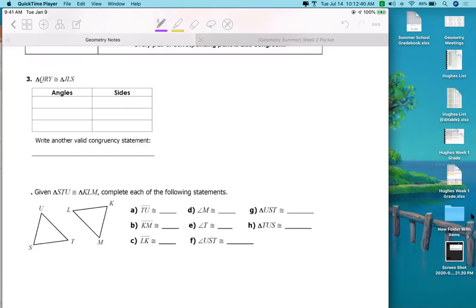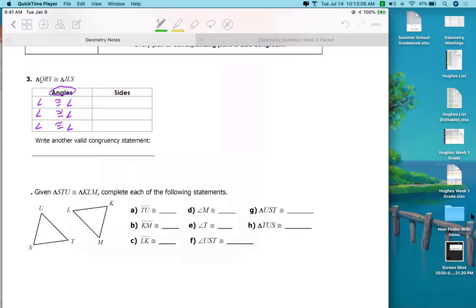This one is really similar to your number 1 and 2 on page 2. If I have triangle QRY congruent to triangle JLS, then if I have to align the angles, we can set up all those congruent symbols first and all my angles, because we are going to be filling in the letters next to the angle shapes.